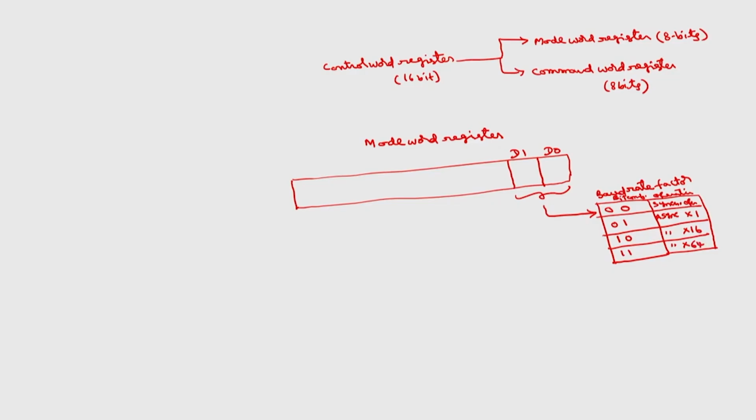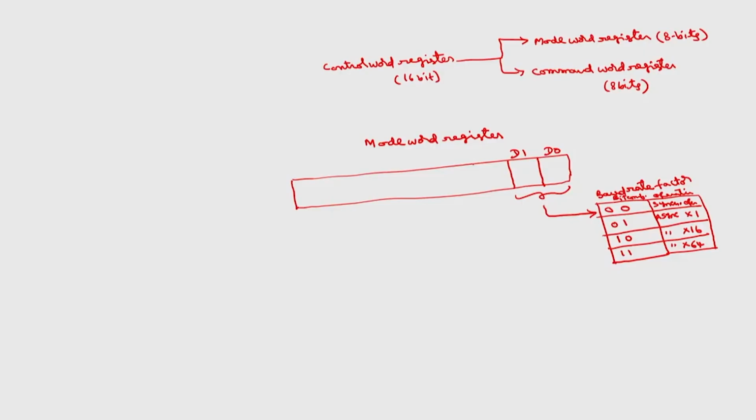Only for 0 0 will the 8251 operate in synchronous serial transmission mode, whereas the remaining 3 combinations are asynchronous. In one case the direct baud rate is taken, in another a factor of 16, and in the other a factor of 64. That is about the last 2 bits.